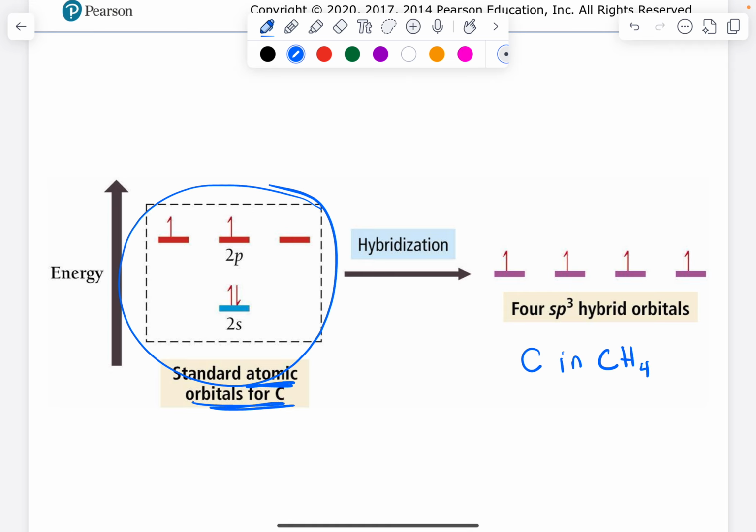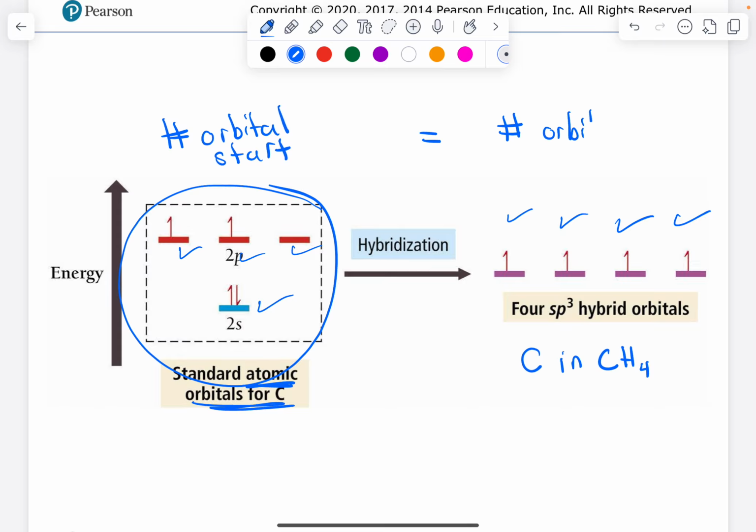Okay, so we take all 4 of these orbitals, the 1 s and the 1, 2, 3, 4 p's. We make 4 new orbitals, 1, 2, 3, 4. So the number of orbitals that we start with is going to equal the number of orbitals that we end with.